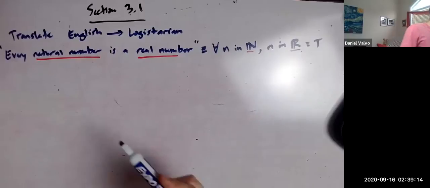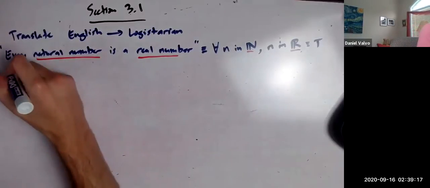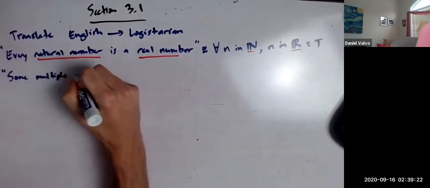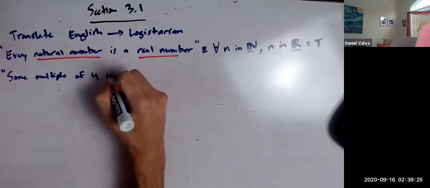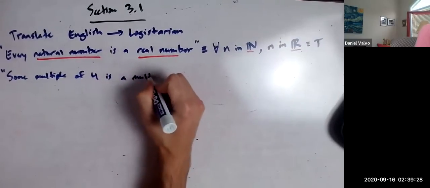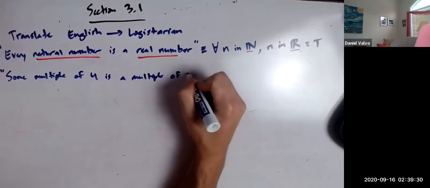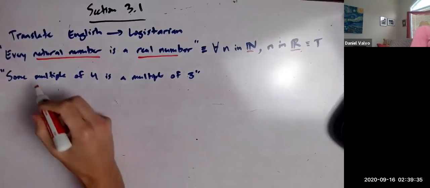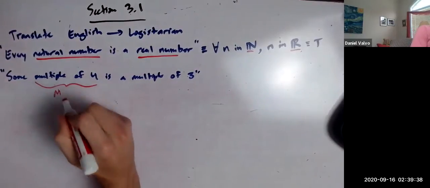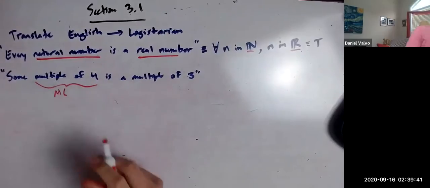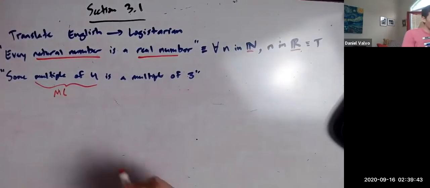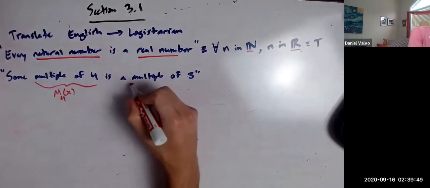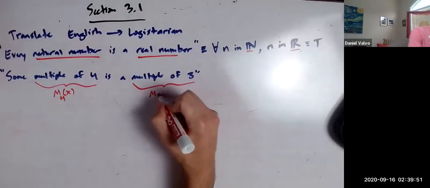Anyway, let's do another example. Some multiple of 4 is a multiple of 3. I'll call x being a multiple of 4 the predicate m4 of x, as someone mentioned last time, and x being a multiple of 3, m3 of x.